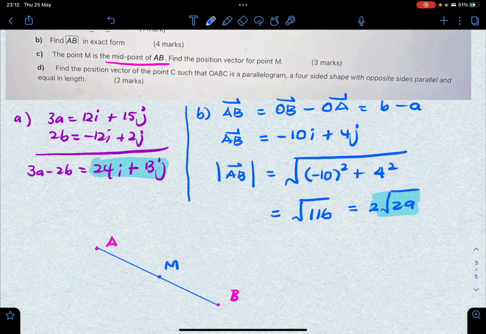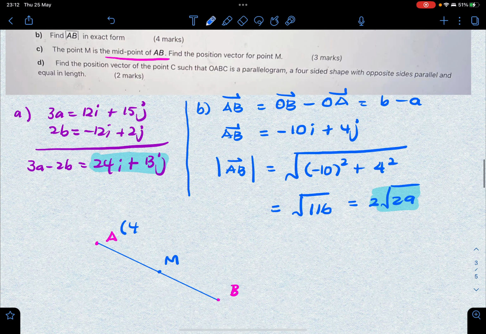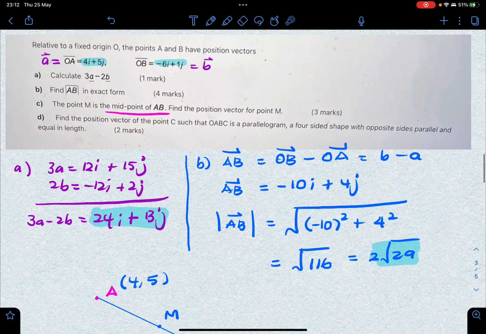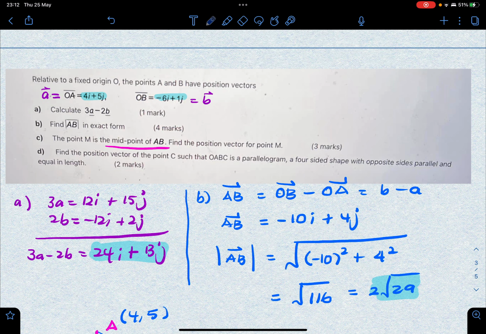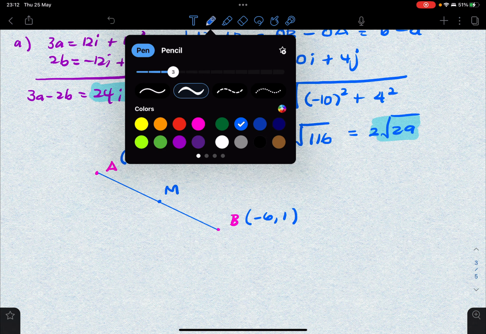So if you think of the coordinates of A as being 4 and 5, and the coordinates of B as being -6 and 1, so we can do it with coordinates rather than vectors. So we can find the coordinates of M like this.